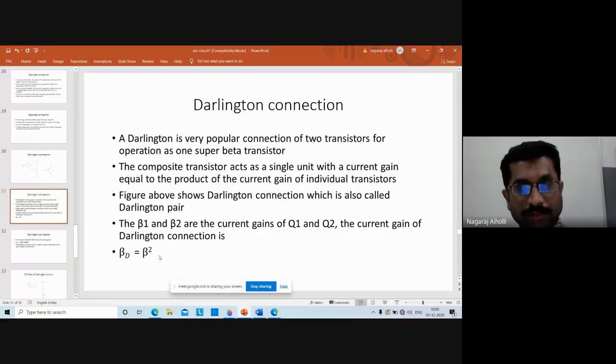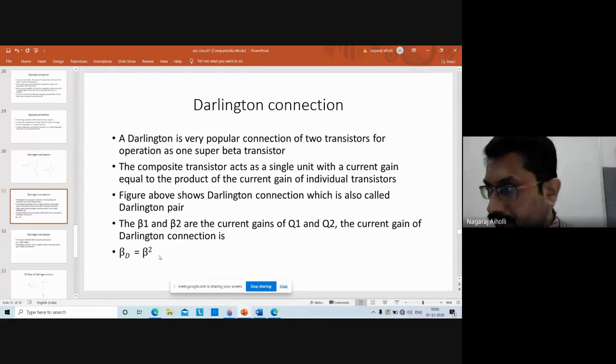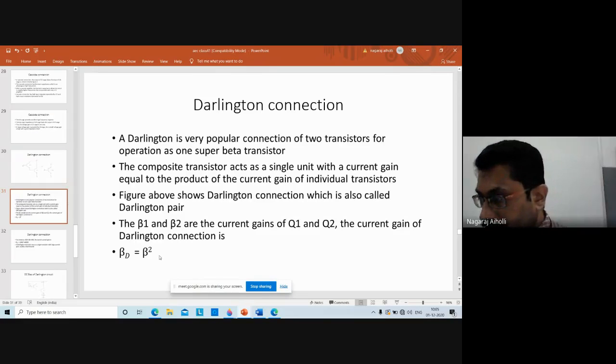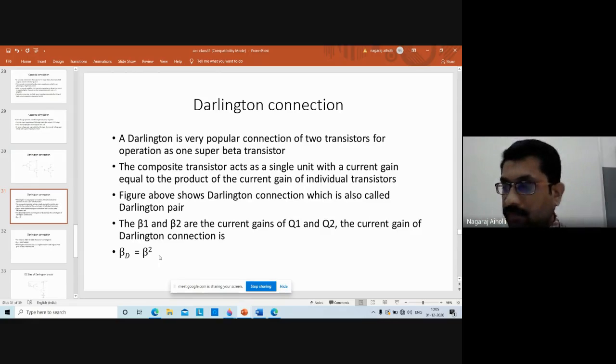You can calculate manually also. It is not necessary to use your calculator. How much is beta D? Beta 1 and beta 2 are the same.